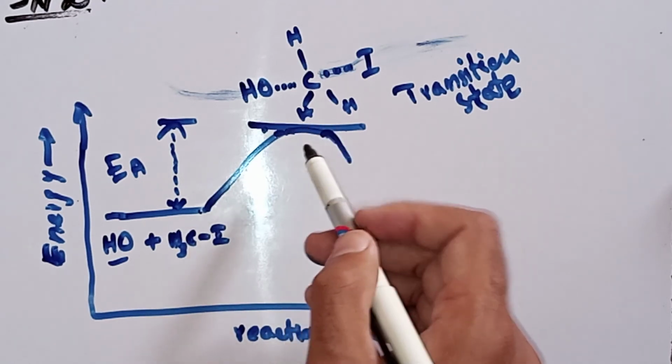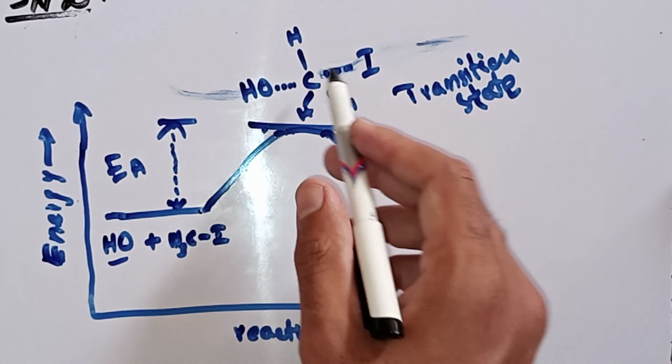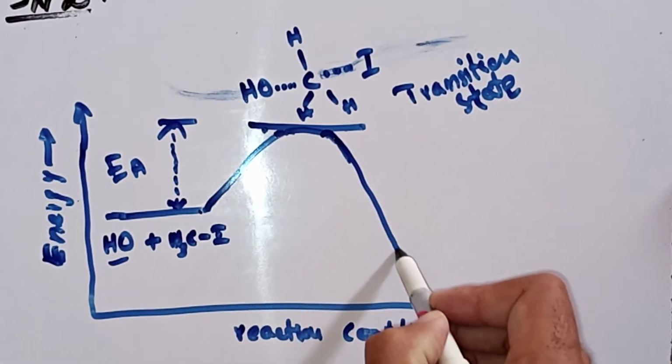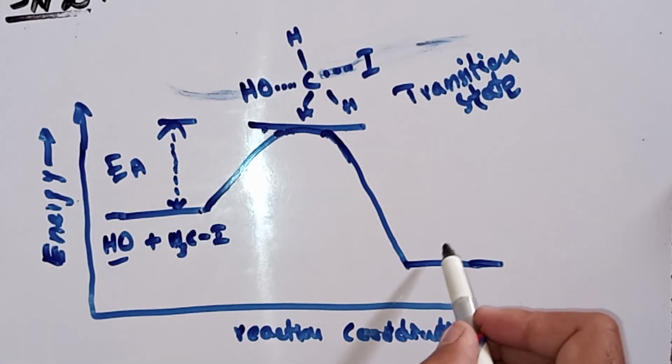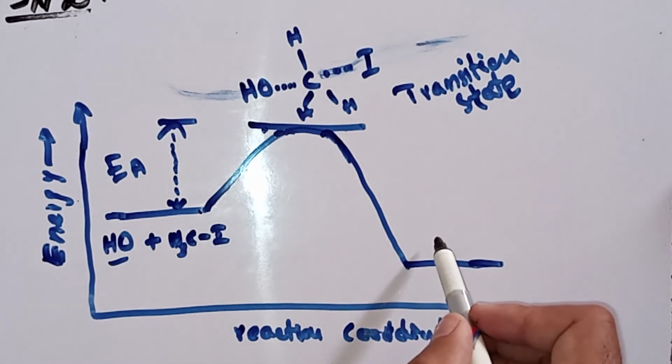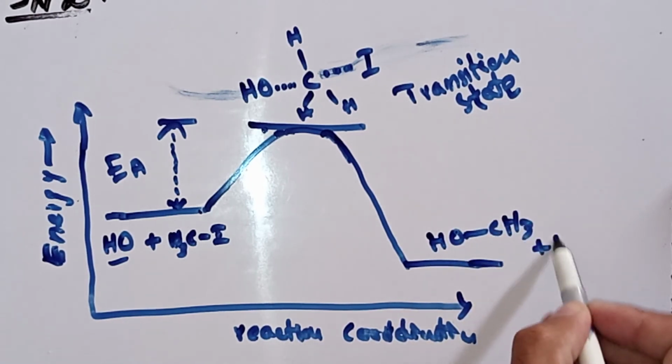After the transition state, the transition state loses energy and produces the product. This is the product position, HOCH3 plus I negative.